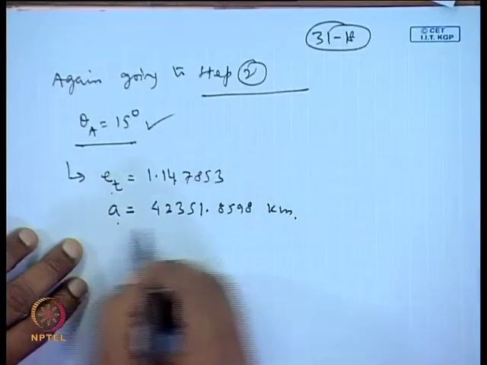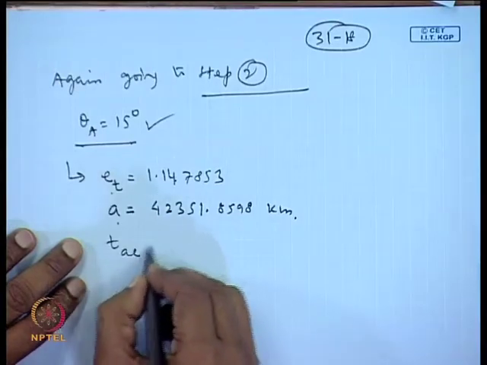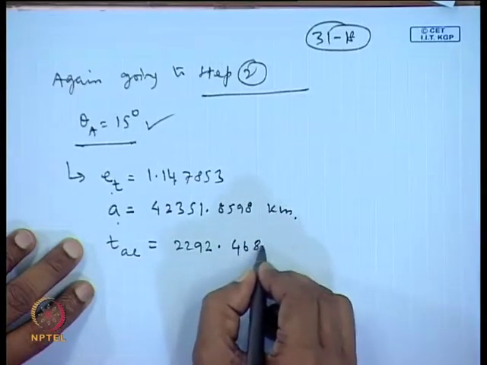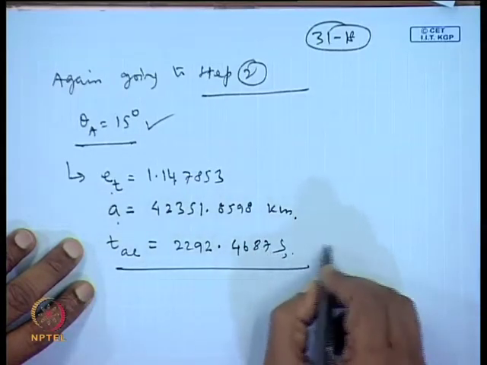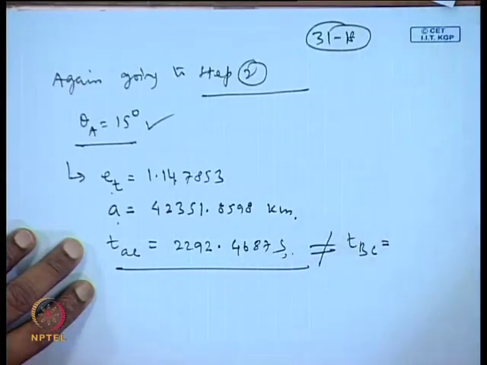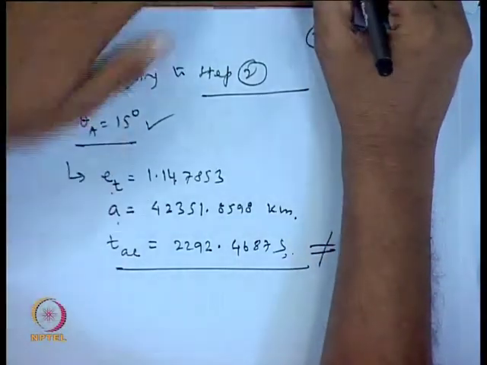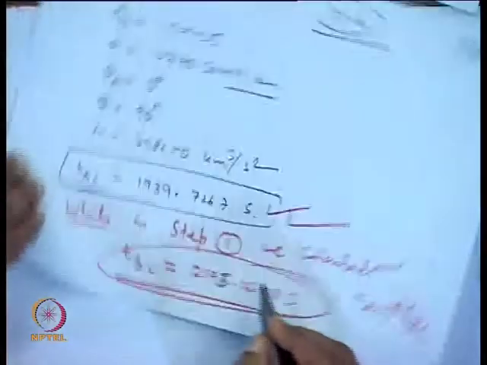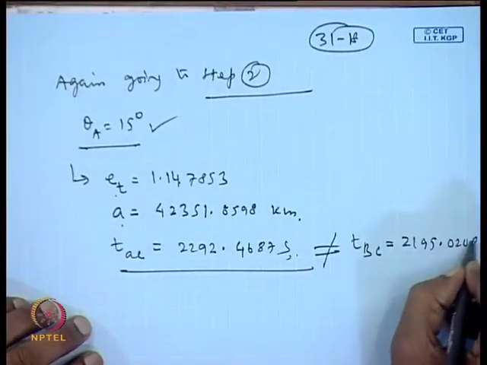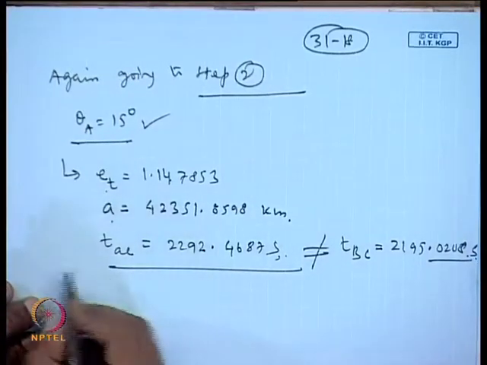This is the semi major axis of the transfer orbit, and T a c will turn out to be 2292.4687 seconds. Still, this is not equal to T b c, which is 2195.0208 seconds.